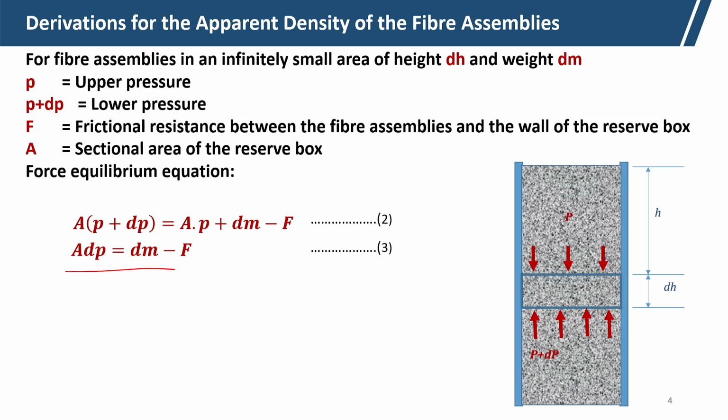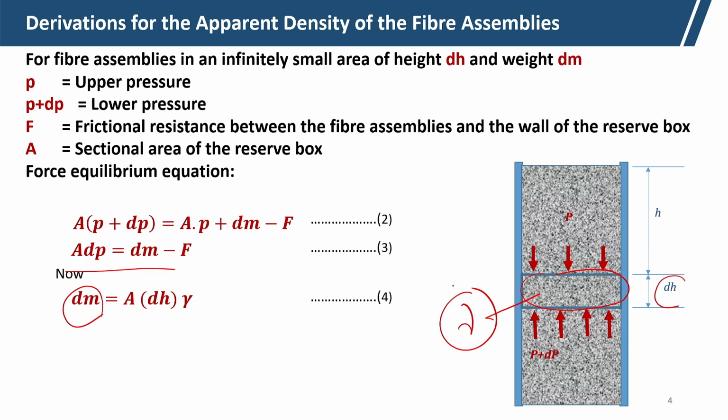So, A dP equal to dm minus F, and now dm, how to calculate dm here? dm is nothing but the weight of the material at height dH. So, here gamma is the apparent density of fiber at this zone, which is actually our target.